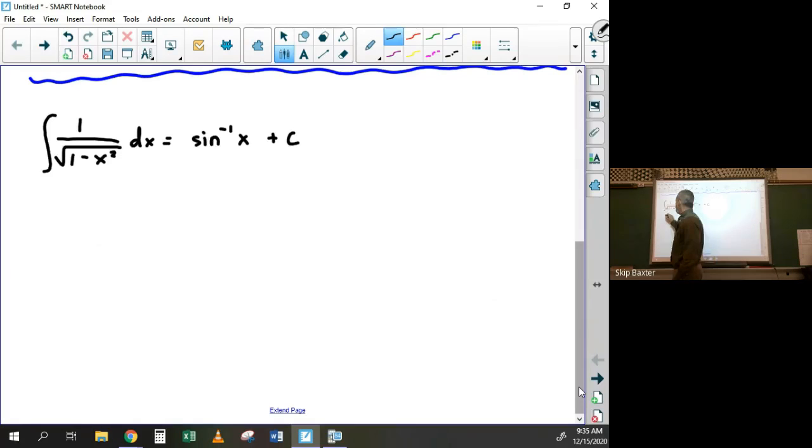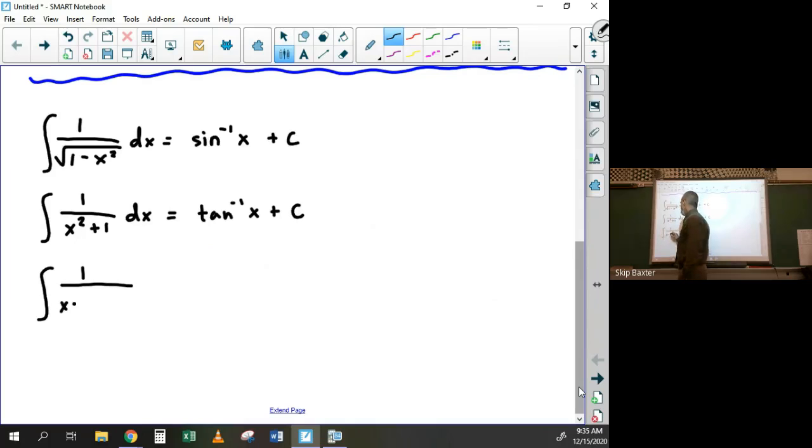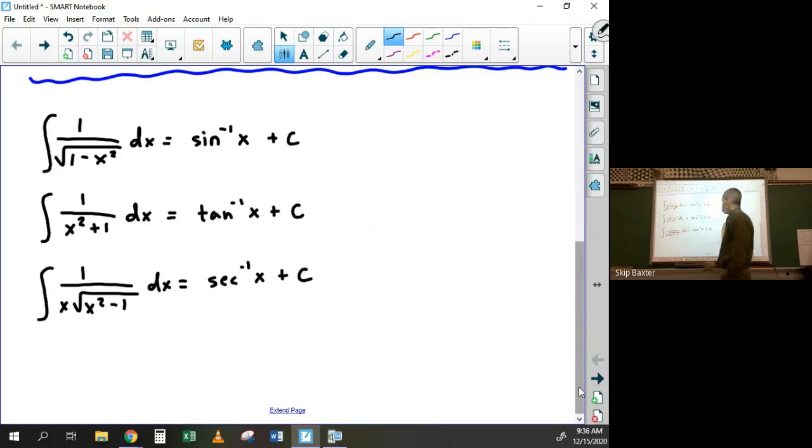The integral of 1 over x squared plus 1 is inverse tangent x plus c. And the integral of 1 over x radical x squared minus 1 is secant inverse x plus c.